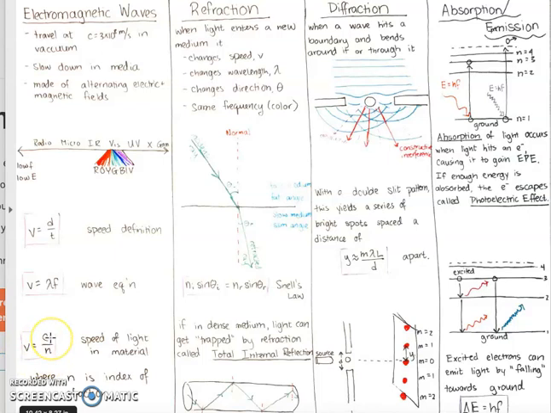Now see, the speed of light in the vacuum doesn't change, but the speed of the light in material will slow down. And since the speed of light changes as it enters a new medium, this gets a special name. This is called refraction. Refraction is when light enters a new medium, and it changes speed, so therefore it changes wavelength.